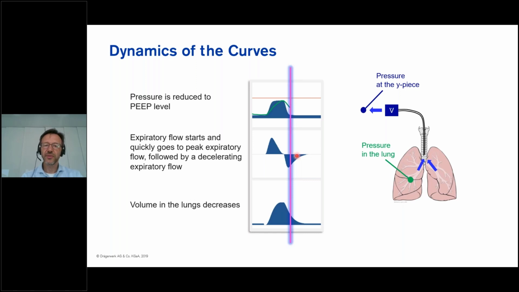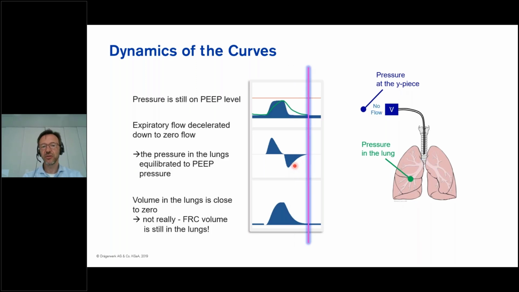As a sign of this, we still see flow coming out of the lung, and therefore we know that in the lung there is no PEEP at the current moment. So we need to wait longer until the lung completely equilibrates to the PEEP, and that would bring the flow down to 0. And this is visible now in this situation here.